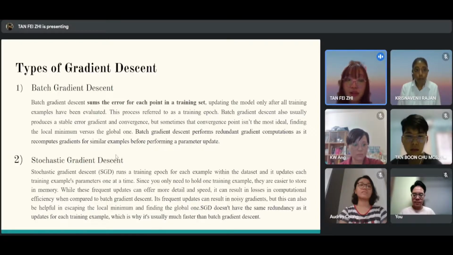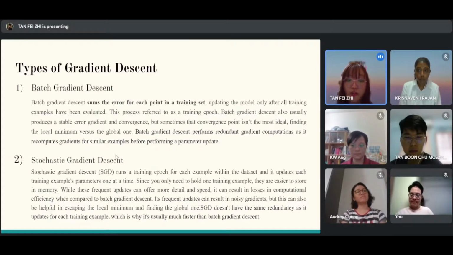The second type is stochastic gradient descent. We call it SGD. It runs a training epoch for each example within the dataset, and it updates the parameters for each training example one at a time. Since you only need to hold one training example, it is easier to save in memory compared to the first method, which is batch.